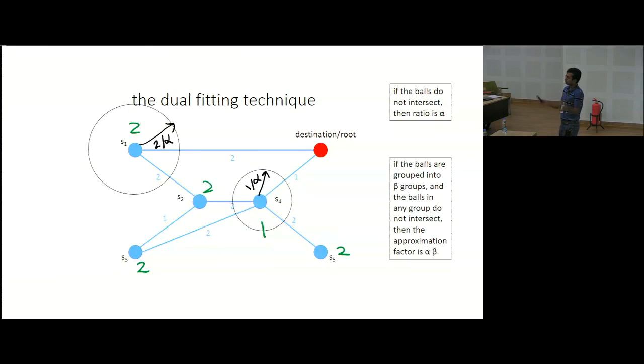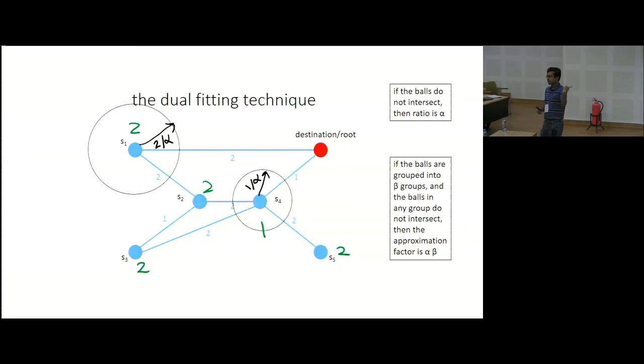Because each individual group, the sum of radii of the balls in each individual group now forms a lower bound to my optimal solution. Since I have beta different groups, their average will also be a lower bound. Okay? And therefore I lose this factor of beta when I take the ratio between the cost of the routing and the cost of the optimal solution. So this will be our general trick. This is the trick we'll apply in this part of the talk and again in the second part.